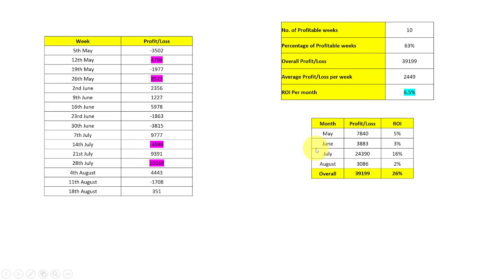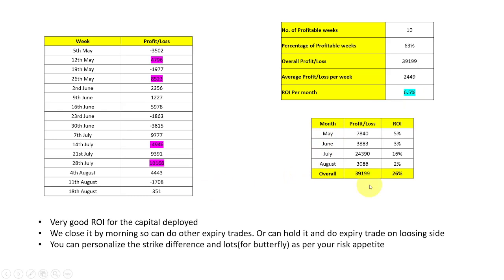June was okay. August, one more week was there. It is over, but in Opstra it has not yet come by the time I'm preparing this video. So that again should be considered. And overall you can see 26% ROA, which is more than what 1 year FD returns are. So it's a very good ROA for the capital deployed.